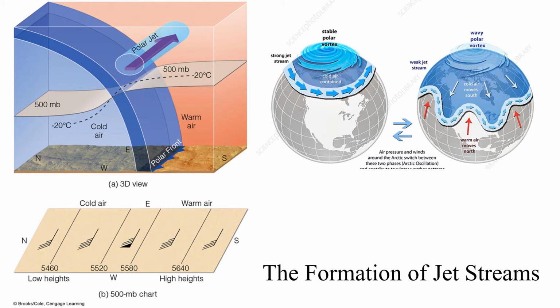In the summer, the jet is weak and is usually found over more northerly latitudes. So this is how we sometimes get Arctic air mass, very cold weather, into the south of our region.